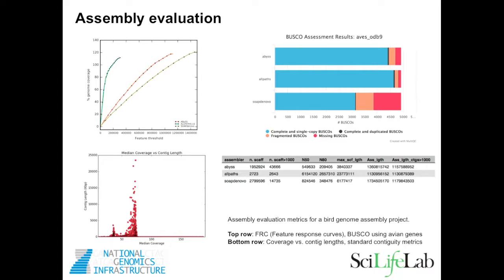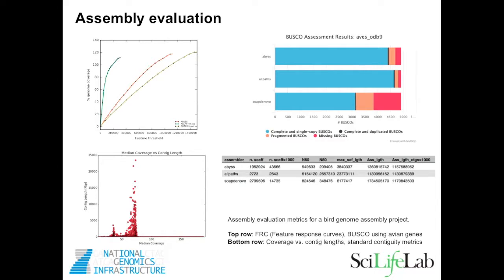It's a measure of areas of suspected misassembly when we map the reads back to the genome assembly. And these areas are called features. So the way to read this plot is, if you're familiar with a receiver operating characteristic, it should be read in the same way.